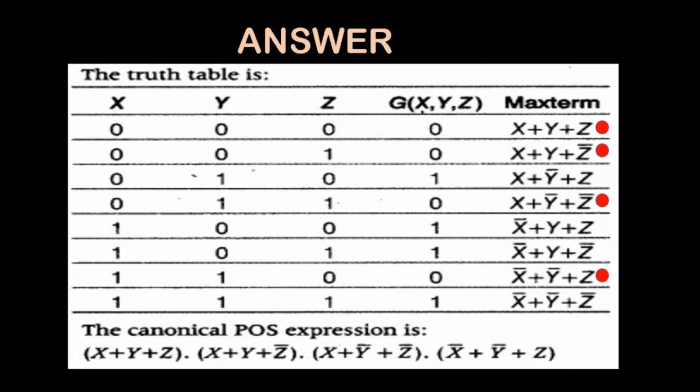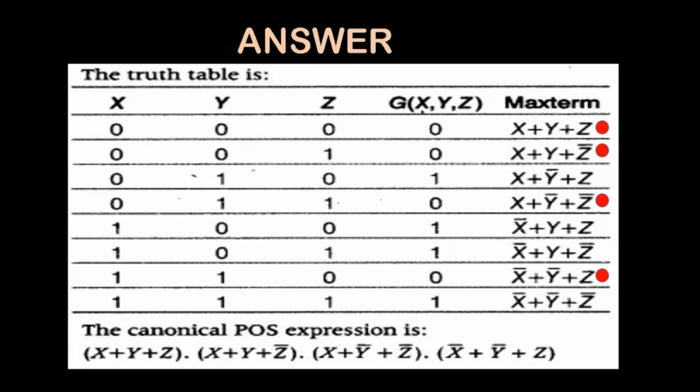The first one's output is 0, so I am selecting the max term X plus Y plus Z. The second row is also 0, so I take X plus Y plus Z dash. The fourth row is also 0, and I take X plus Y dash plus Z dash. And the second to last row is also 0, and I take X dash plus Y dash plus Z.